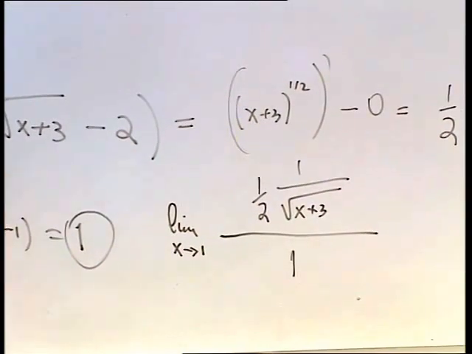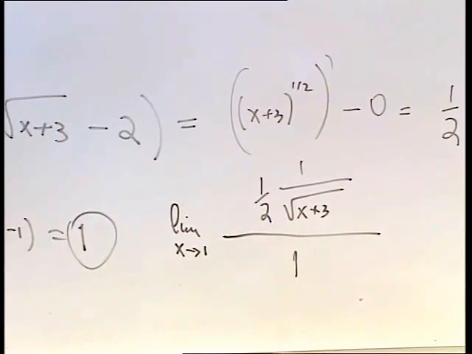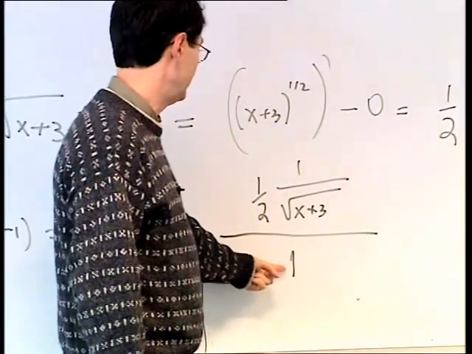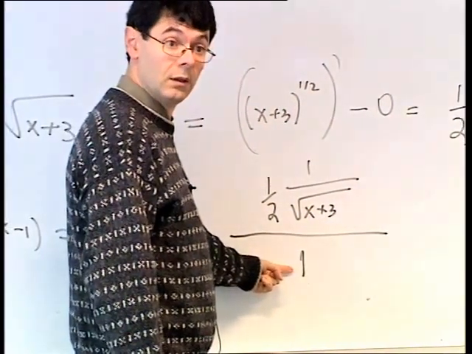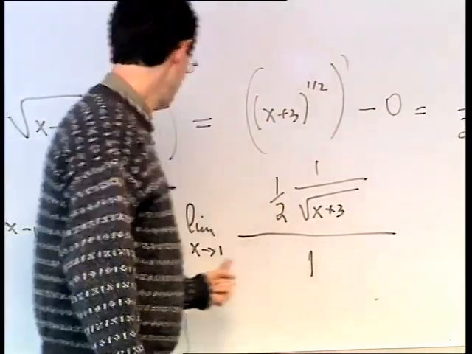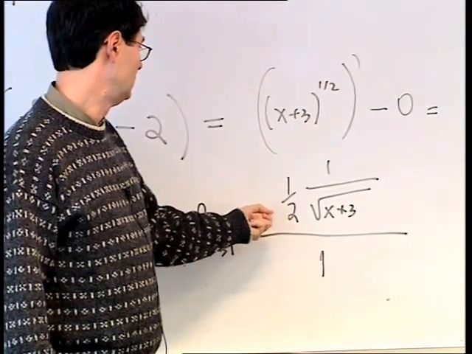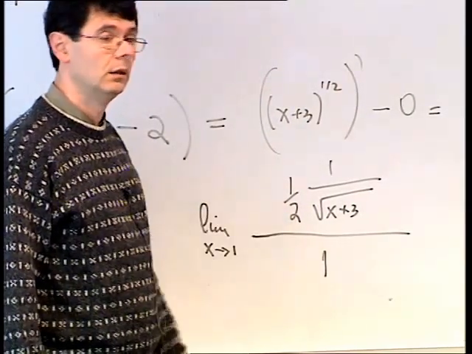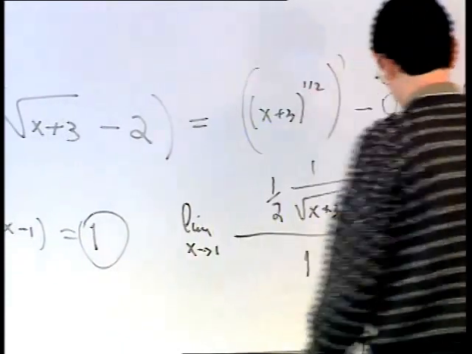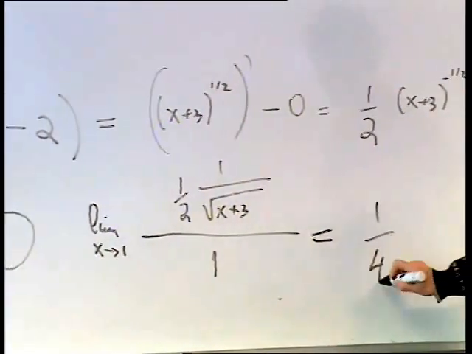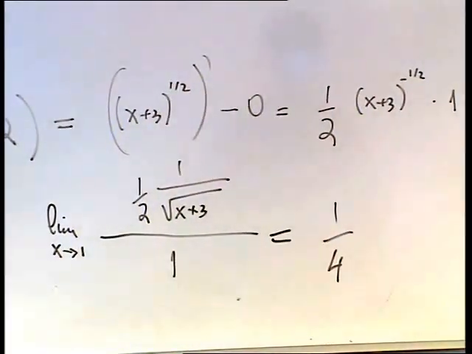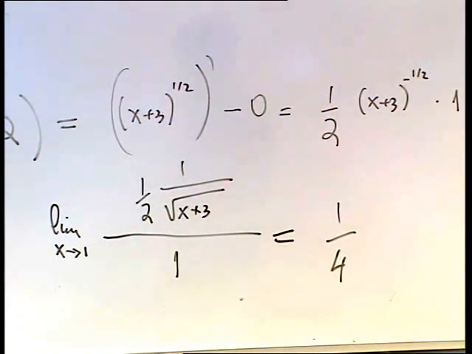Does that limit exist? Well, let's see. I'm not dividing by 0. Can I just plug in x equal 1 in here? If I plug in x equal 1, what do you get? 1/4. So yes, the limit does exist, and it's equal to 1/4. 1/4 divided by 1, it's 1/4.